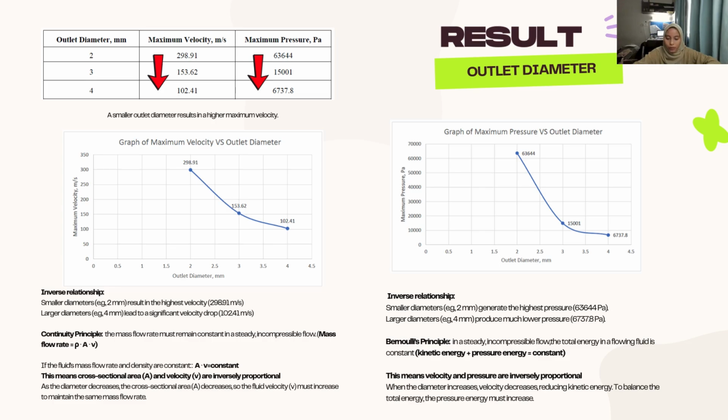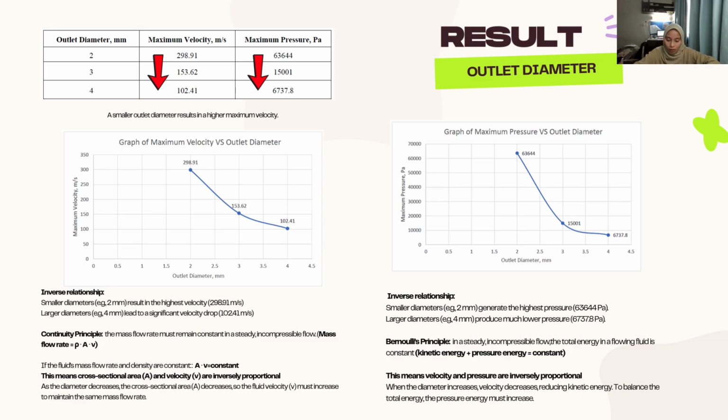This aligns with the principle of continuity, which states that the mass flow rate must remain constant in a steady, incompressible flow. From the slide, we can see the formula for mass flow rate equals rho AV, where rho means fluid density, A is cross-sectional area, and V is velocity.